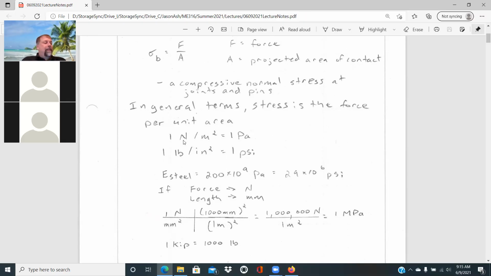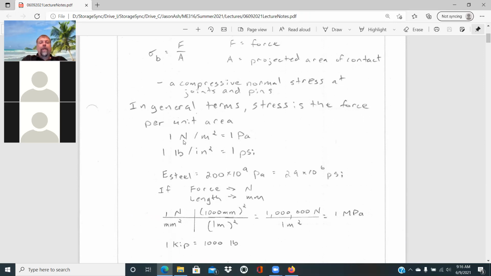So a special name given there for that unit. And then in the English engineering system, we have for the force of pound, and the length value of inches is common.